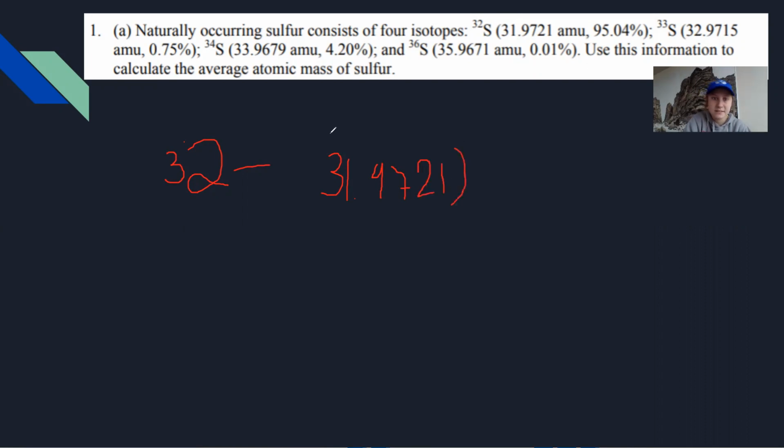We multiply that by the percentage as a decimal of how naturally occurring it is in nature. So that's 0.9504.